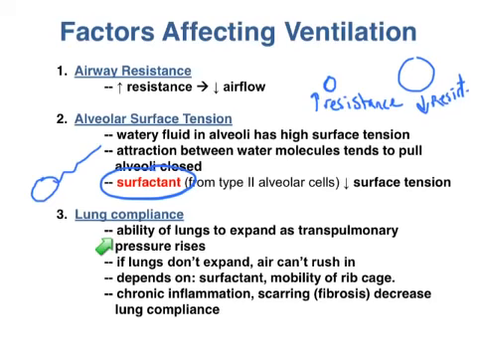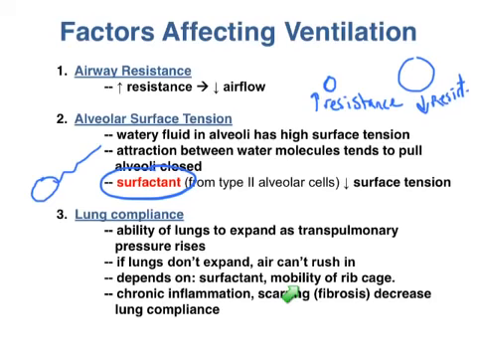It depends on a number of different things. Surfactant is one important factor, because remember, it takes more energy to open up the lungs if they've completely collapsed, if you're fighting water surface tension, and surfactant reduces that surface tension. It also depends on the mobility of the rib cage. If you cannot contract those external intercostal muscles, then you can't expand the thoracic cavity as well.